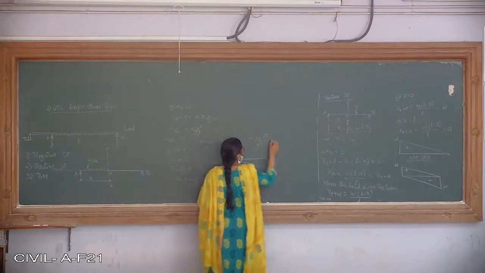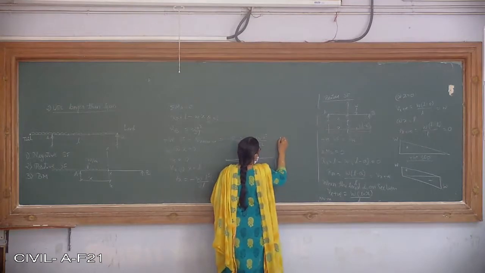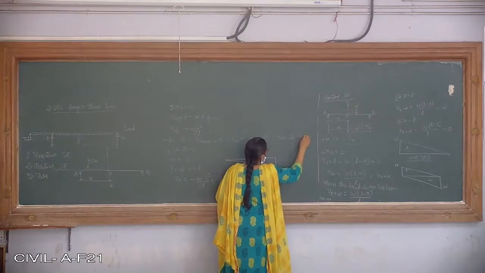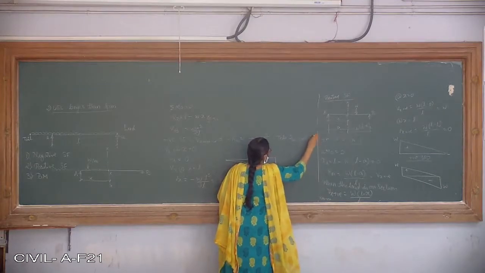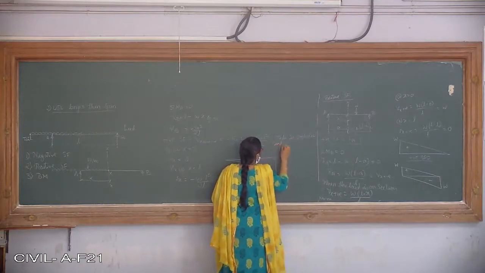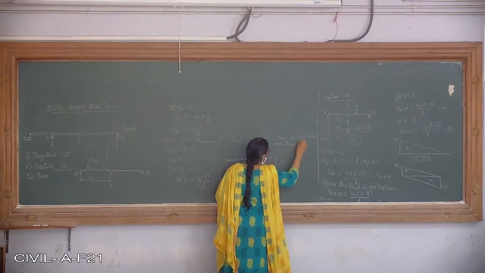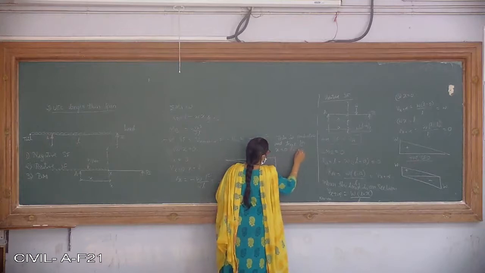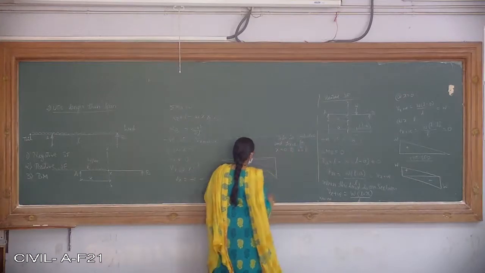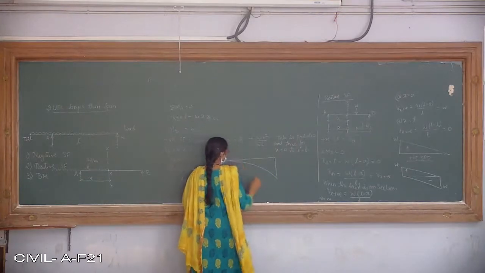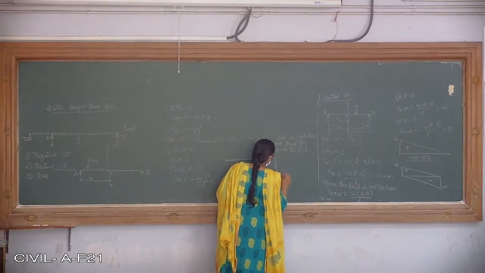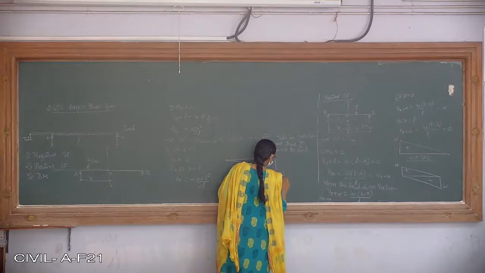So this equation is parabolic, and true for x equal to 0 to x equal to L. Okay, so here you have this value, here it will come to WL by 2.